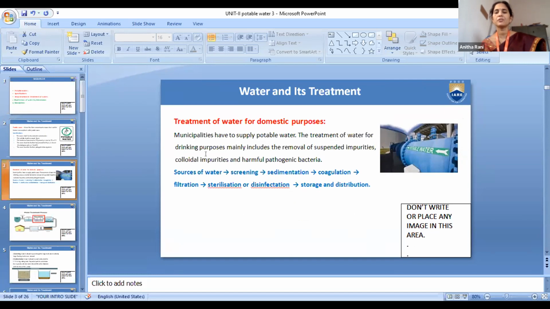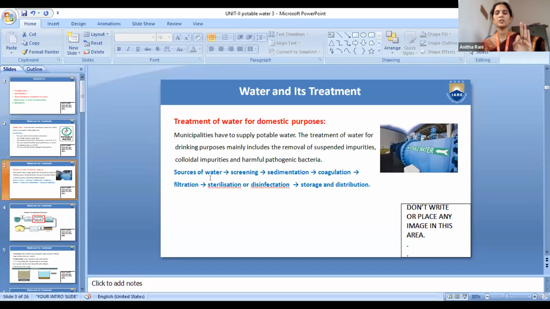The treatment of water for drinking purpose mainly includes removal of suspended impurities, colloidal impurities, and harmful pathogenic bacteria.